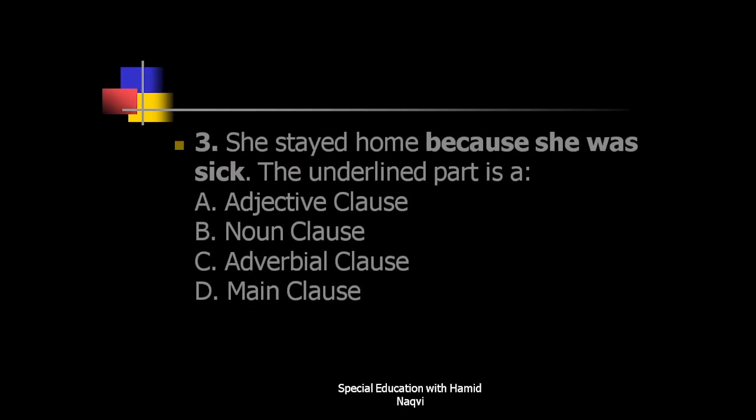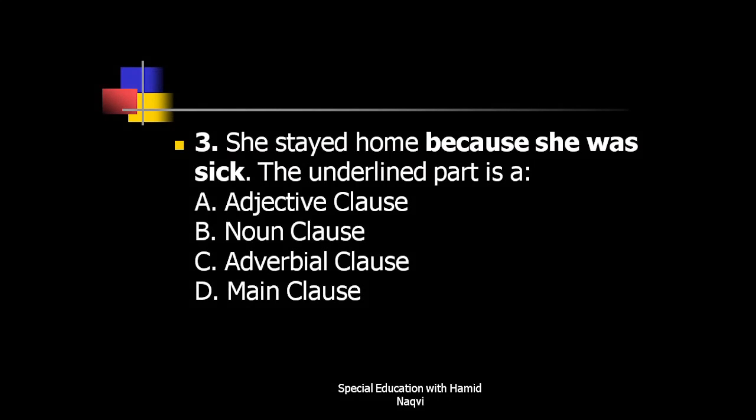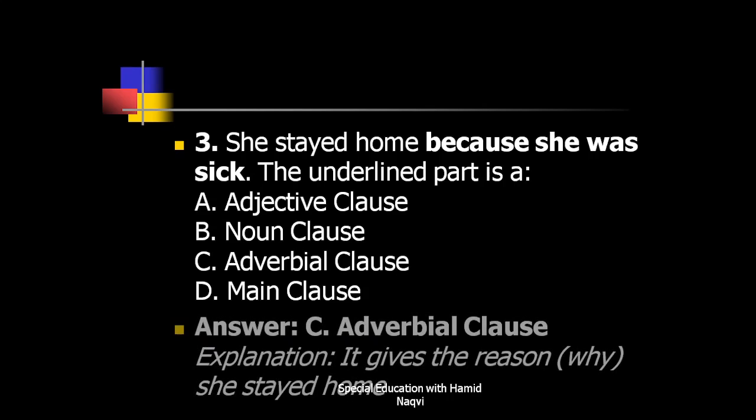Next is "She stayed home because she was sick." Which is this clause? Because she was sick. Adjective, noun, adverbial or main clause? It is an adverbial clause. And remember, we said it gives the reason. Why? That means why it is so.